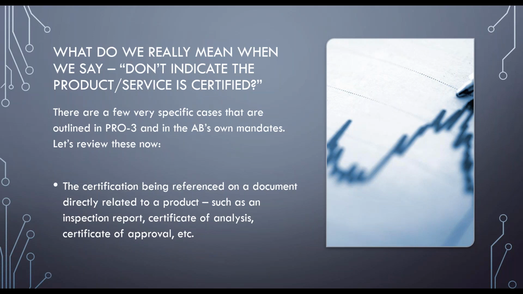So this would include things like inspection reports, certificates of analysis, certificates of approval. None of these documents can have any mention of the certification, because again, that is interpreted as saying that we've certified the product. So if you are a calibration facility, if you are an inspection facility, your inspection reports cannot mention your certification. It's not allowed.